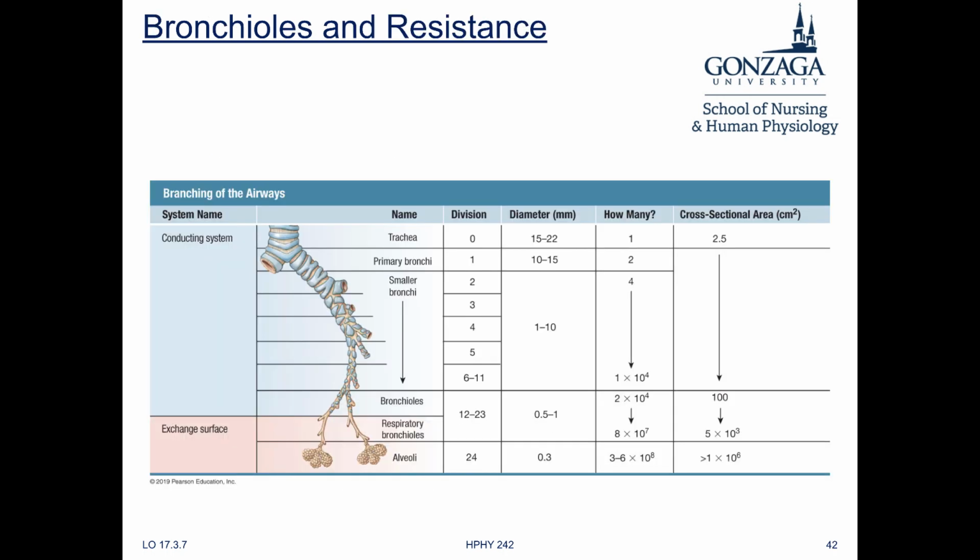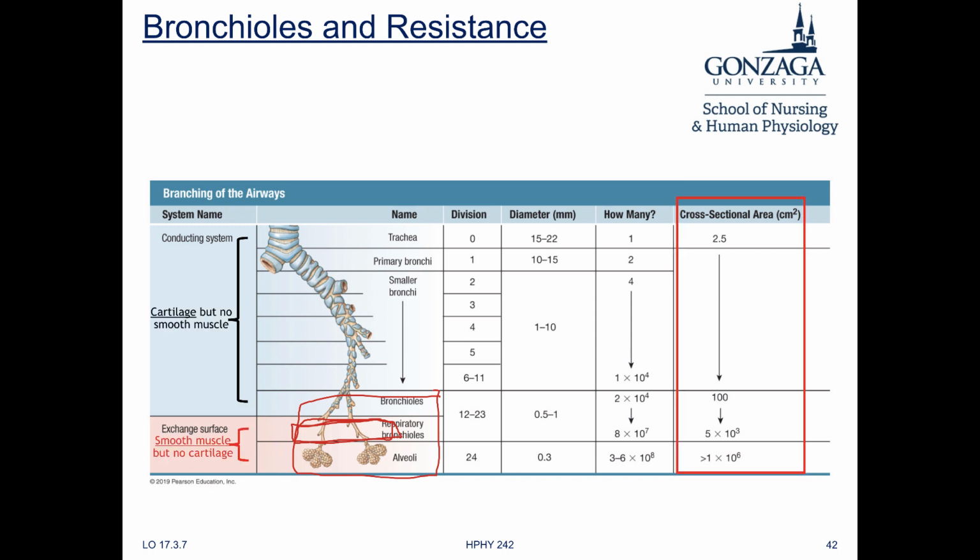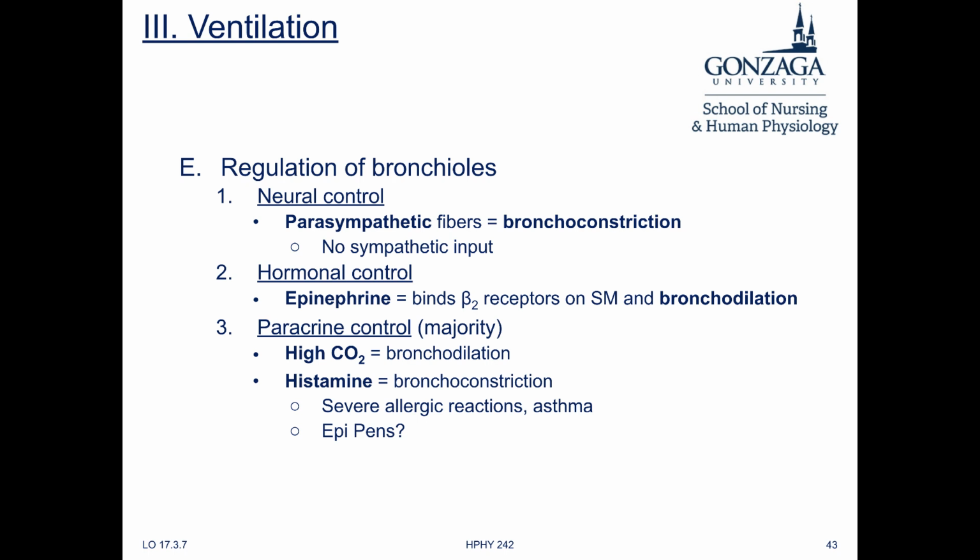Okay, so just a reminder, looking back at the bronchioles, the respiratory bronchioles, and the alveoli. We're really talking about smooth muscle that surrounds the bronchioles located here. And just as in the cardiovascular system, similar concepts apply.